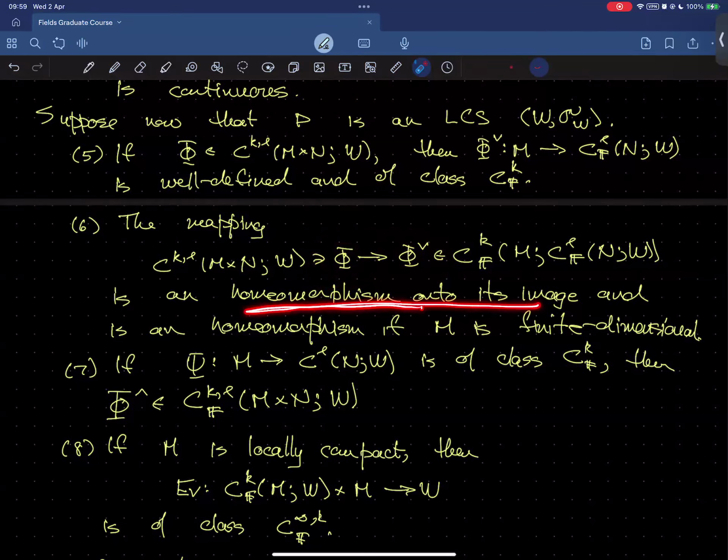And if M is finite dimensional, then it's a homeomorphism. So this is the exponential law, right? The exponential law says that there should be a correspondence between these, and that requires them to be finite dimensional.